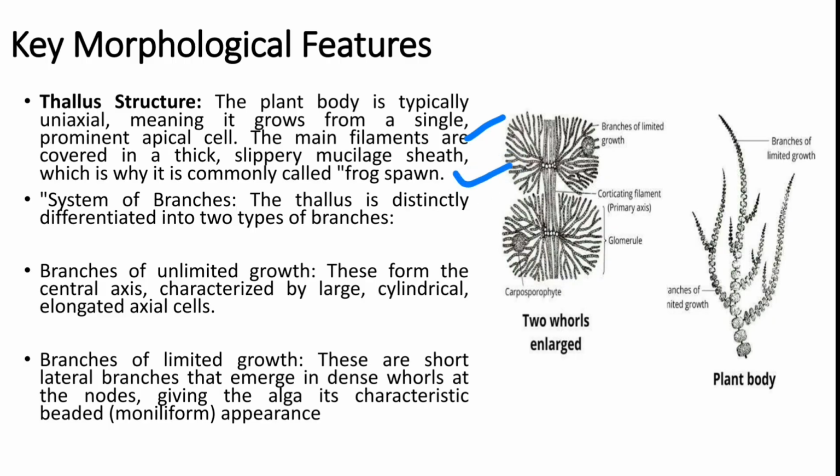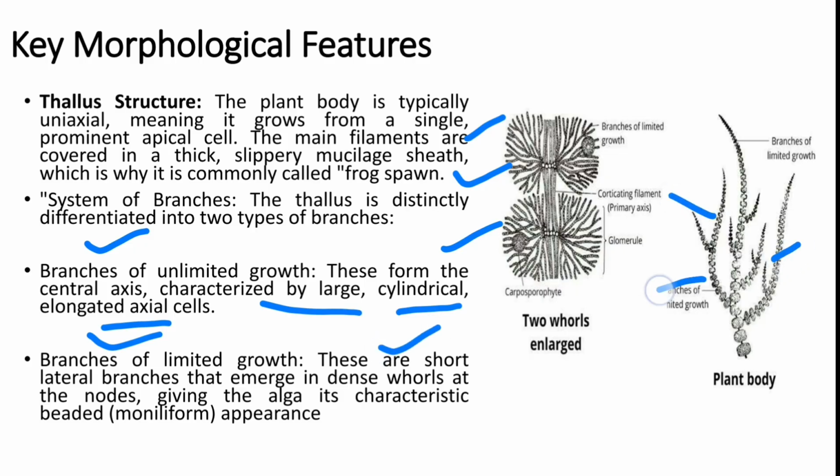The system of branches, how these branches are arranged. Some branches are branches of unlimited growth. These form the central axis, characterized by large cylindrical elongated axial cells. But some branches are of limited growth. These are short lateral branches that emerge in dense whorls at the nodes, giving the alga its characteristic beaded, moniliform appearance.